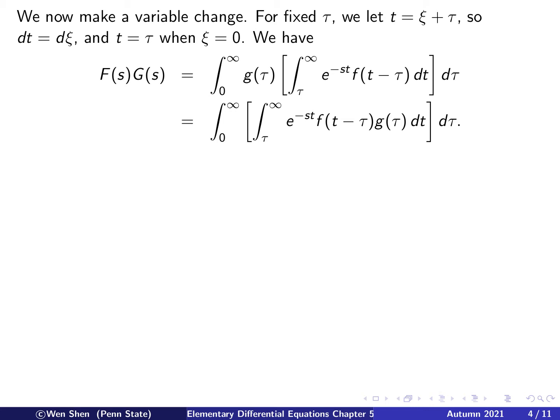So we see now we have a double integral, and what is in here looks already very familiar to the convolution function. Not yet, okay? The integration is from 0 to infinity in tau, and then inside in the integrand we have another integral from tau to infinity dt.